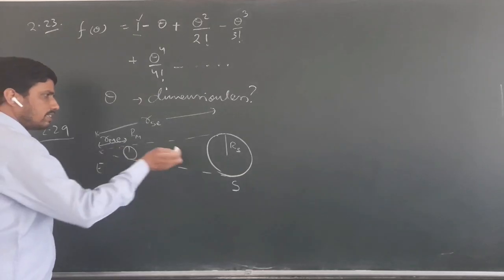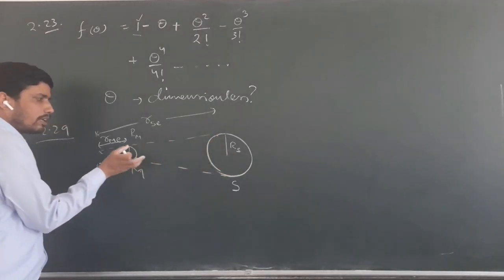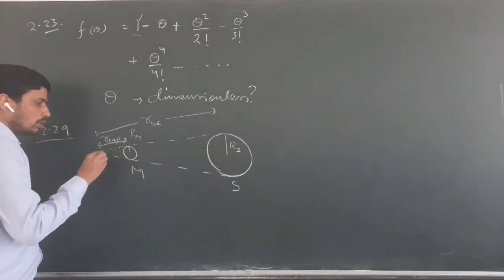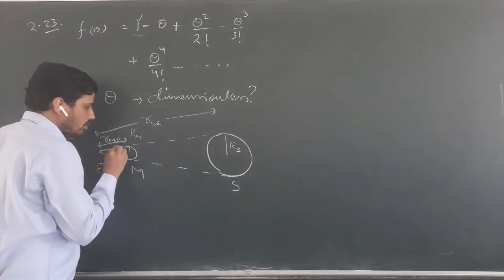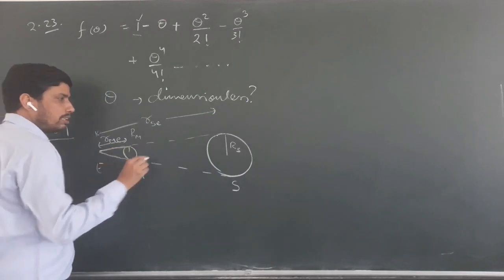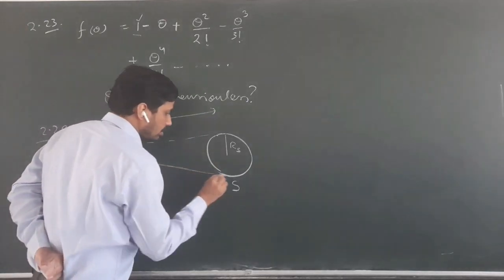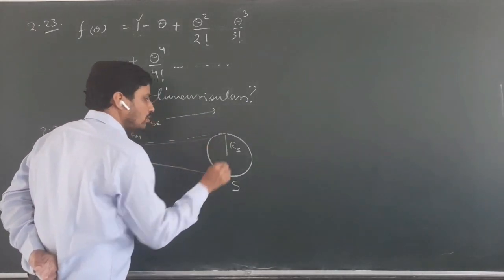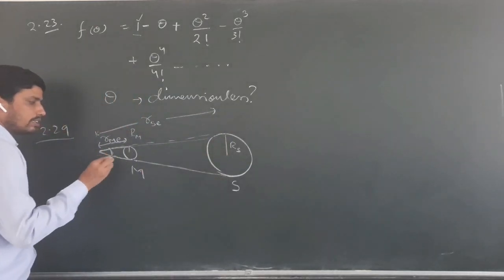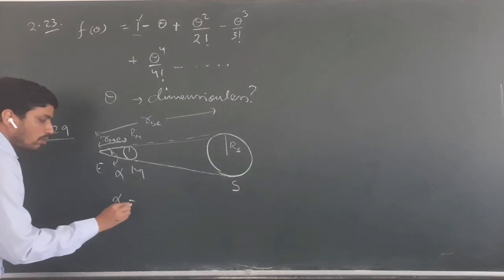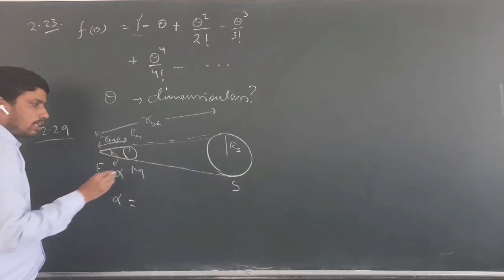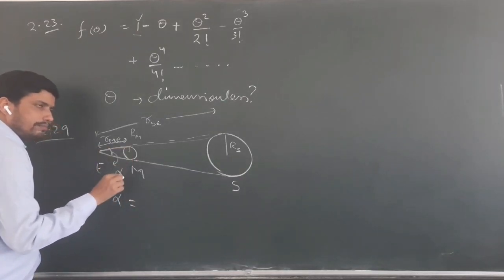Now see students, this sun has got completely blocked by the moon. Now this line of sight and this line of sight, they touch at the endpoints of the diameter of the moon and the sun, like so. This angle we call the angular diameter, let me write it as alpha. So alpha for moon will be this diameter.